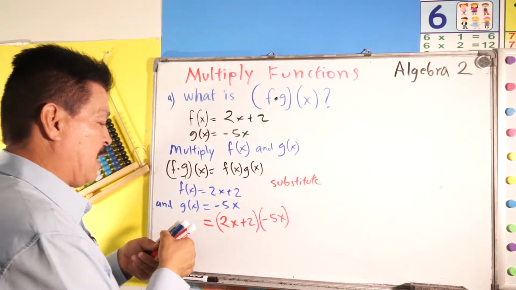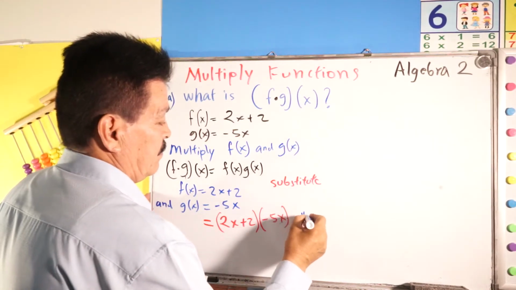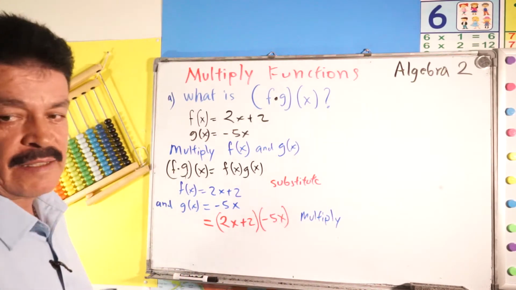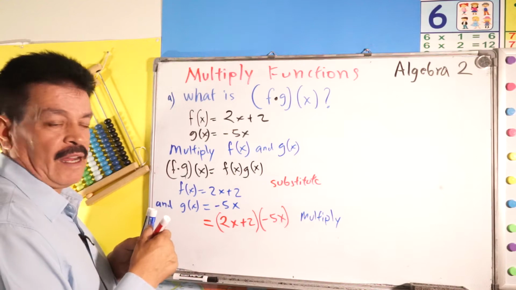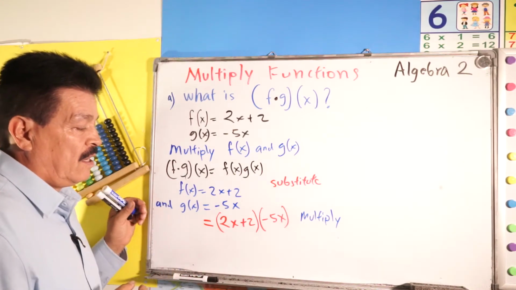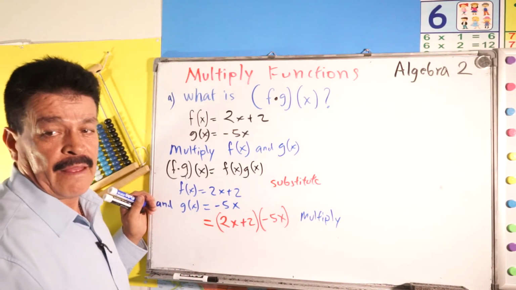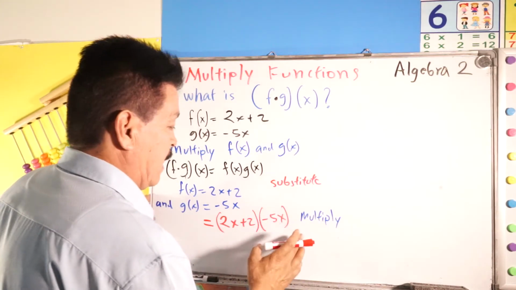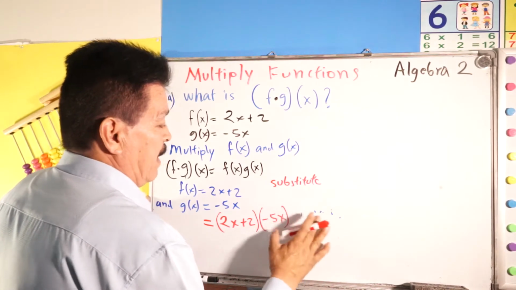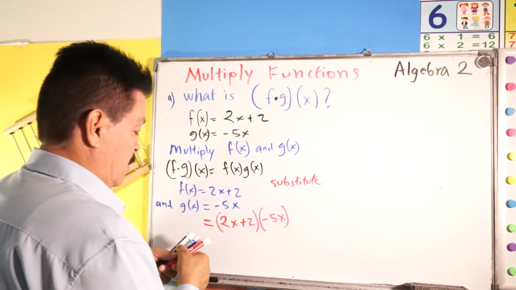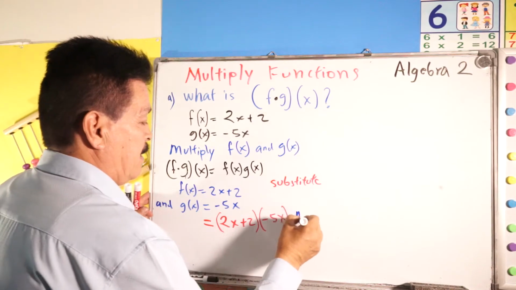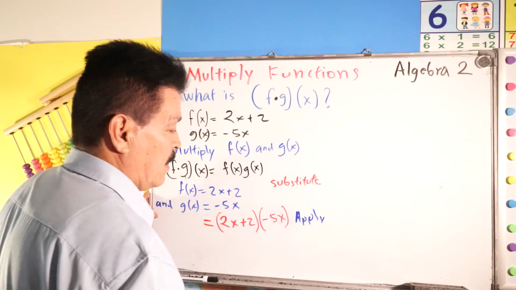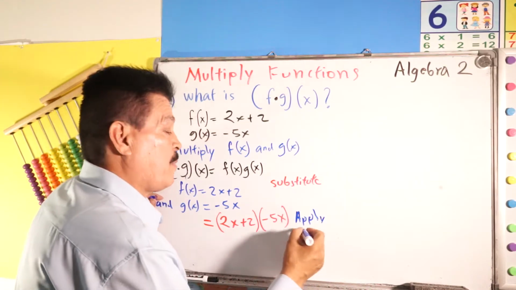Here, just multiply. But in this case, let me apply some property here. Apply the distributive property, okay?